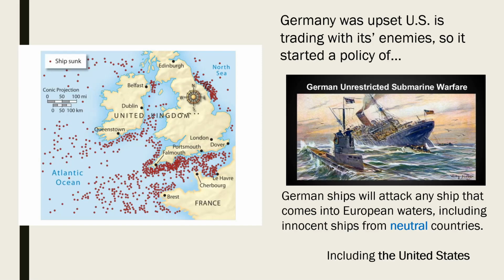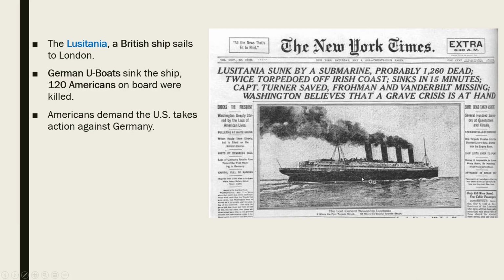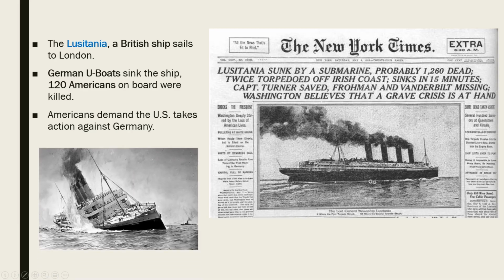Germany thought the U.S. might as well be in the war if they're just giving weapons to the Allies. So they sunk them with their policy of unrestricted submarine warfare with their U-boats.